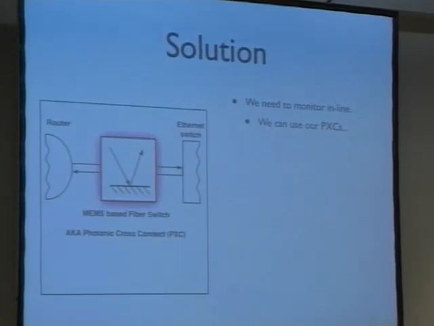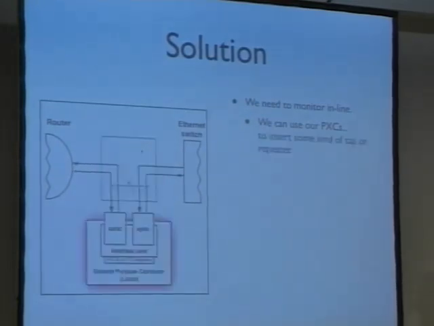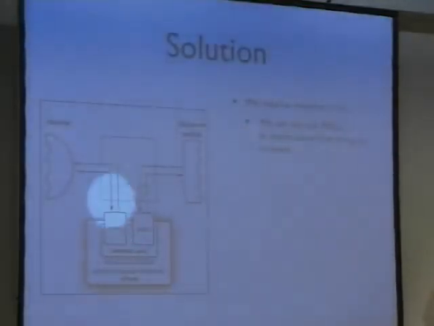And well, what we can do is we can use this switch to put the traffic onto some kind of device where the traffic is just repeated between two transceivers. So traffic that's coming in is going to this device, coming out again, and vice versa.